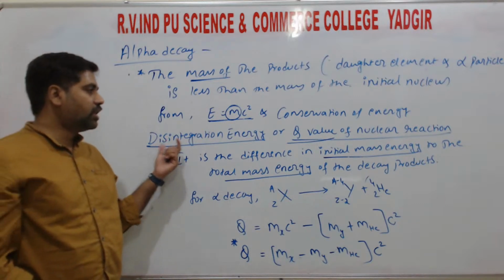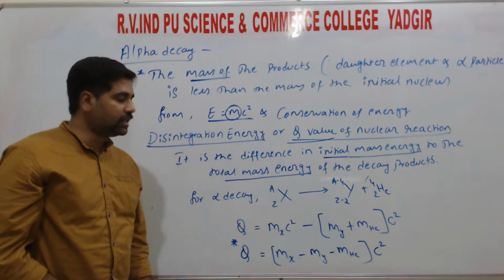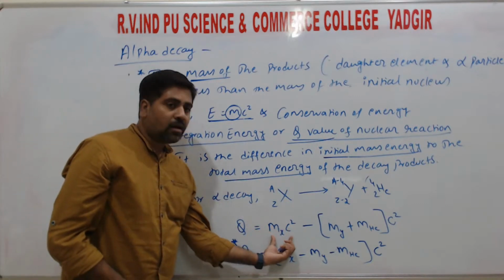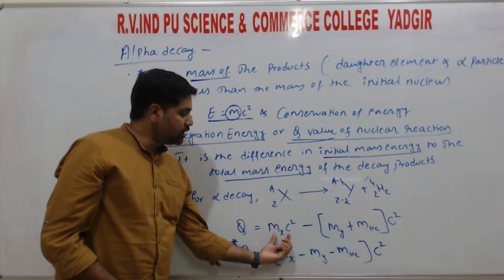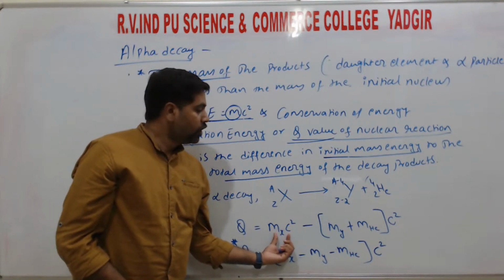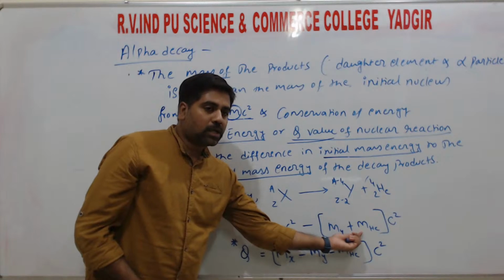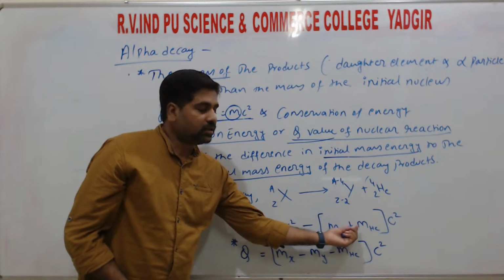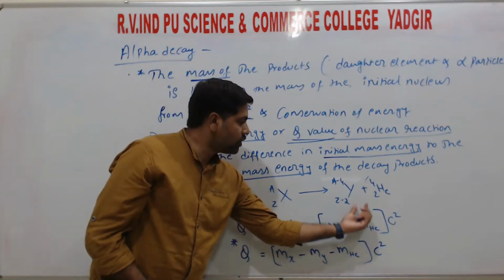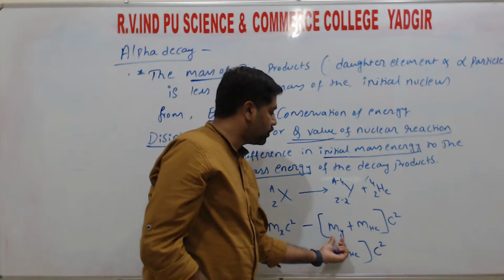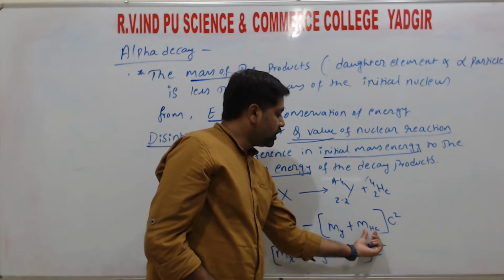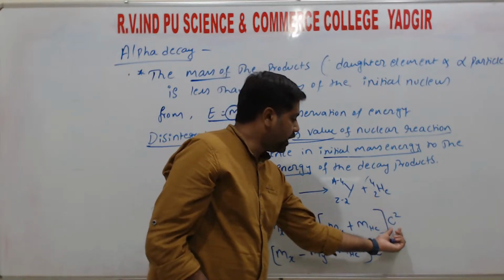So disintegration energy or Q value of a nuclear reaction is the difference in the initial mass energy to the total mass of the decay products, right? So this is the total mass of the decay products. My is the mass of the daughter nuclei and mHe is the mass of the alpha particle, into c square.